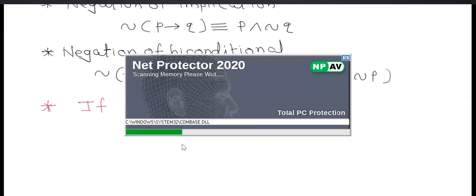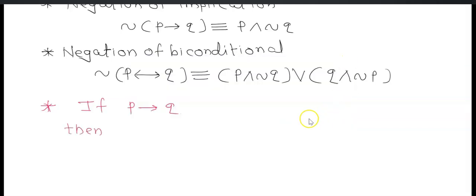Next is converse, inverse and contrapositive.